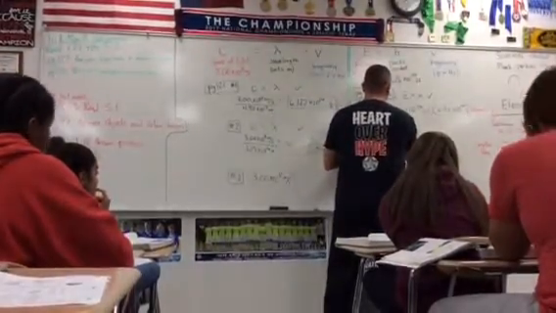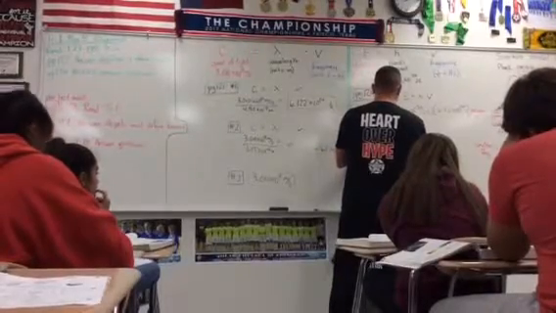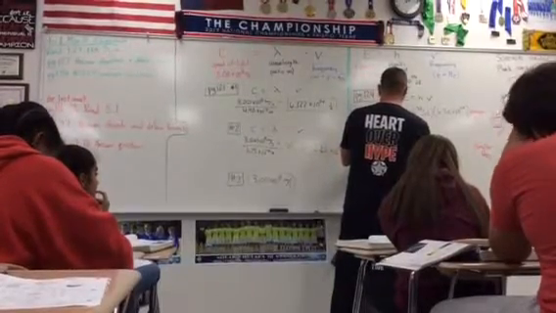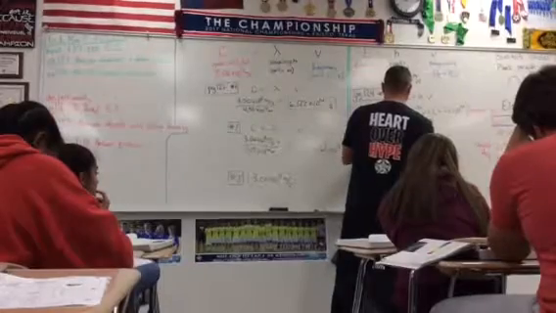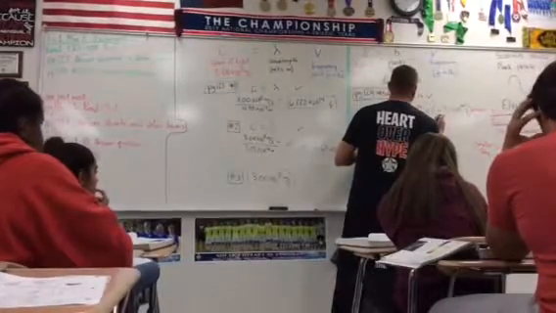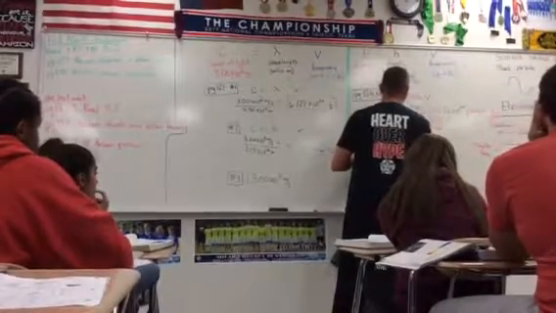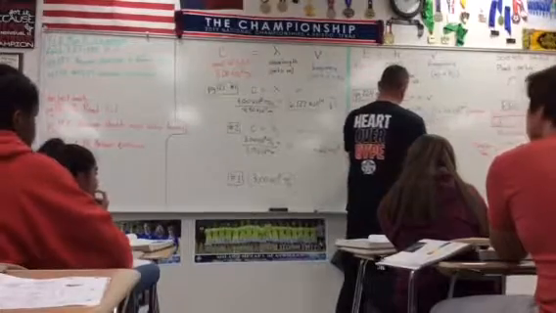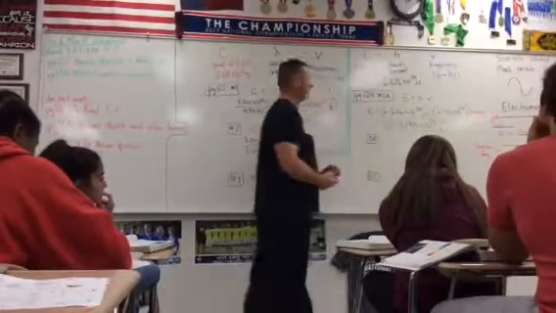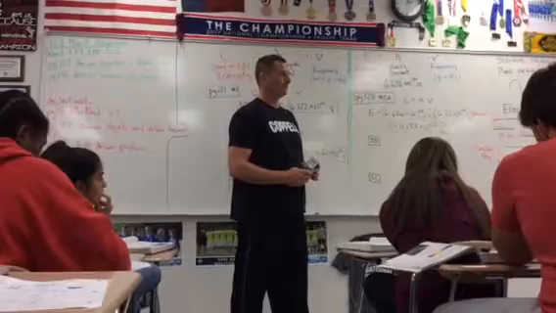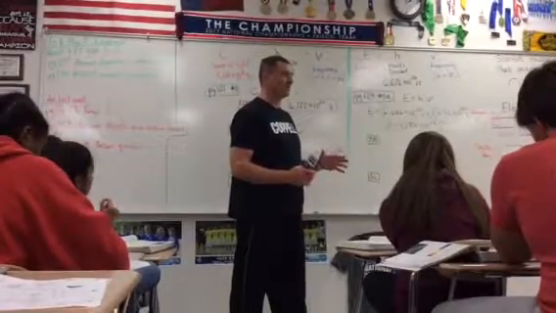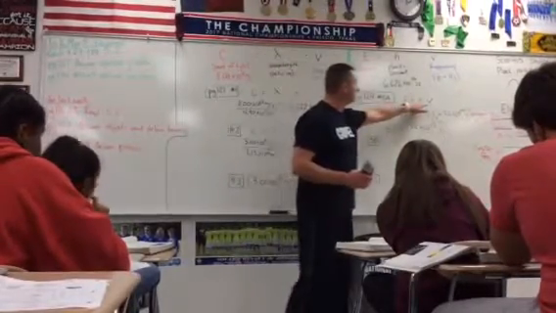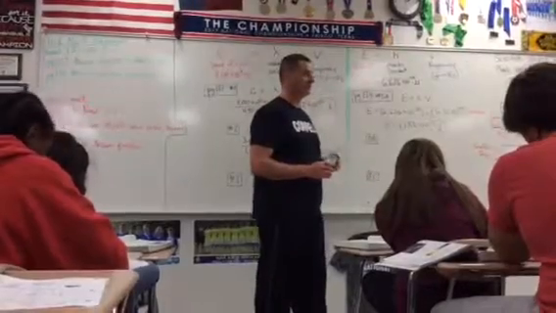And your energy for that radiation is 4.188 times 10 to the negative 13, and joule is the unit. Okay? You guys see that? So if it gives me the frequency, all I do is times that by Planck's constant to get the energy.